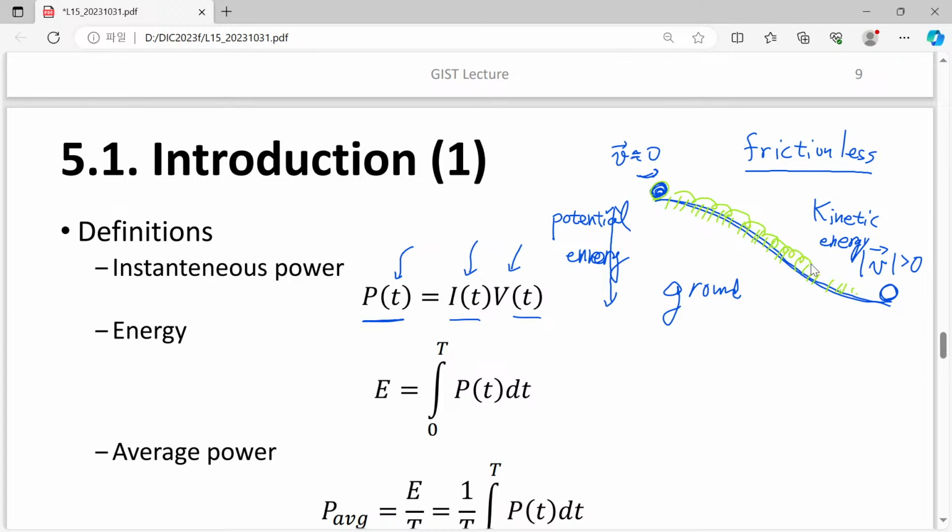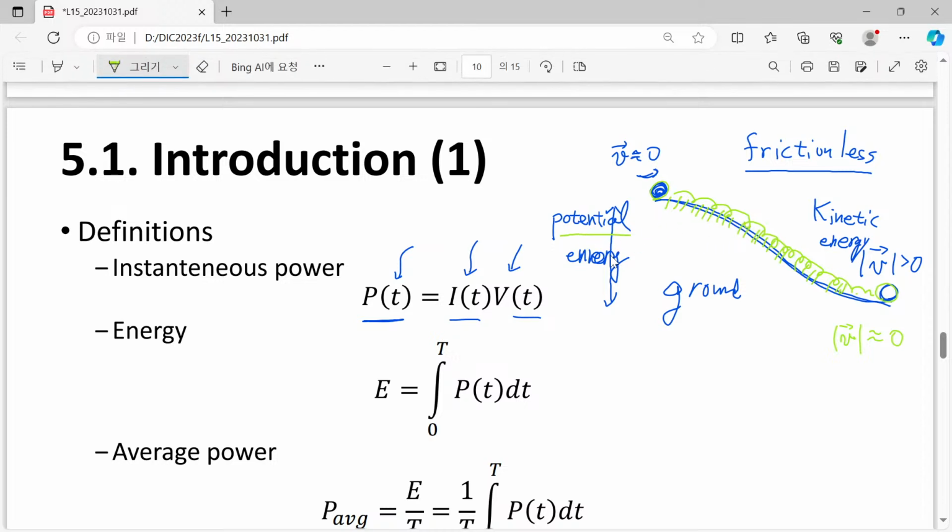However, it's not that fast, and eventually it will just stop here. So in the realistic case, its velocity would also be quite close to zero, although we have had a reduction of potential energy.